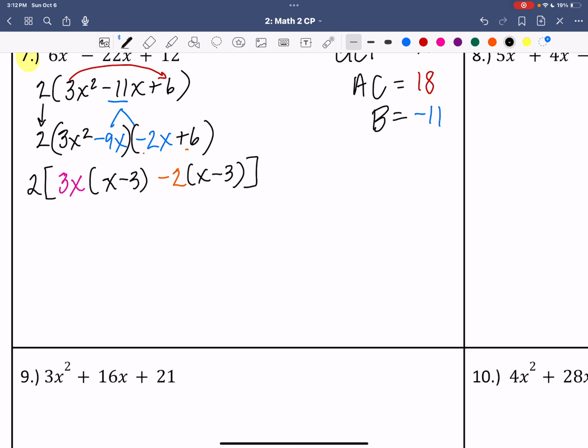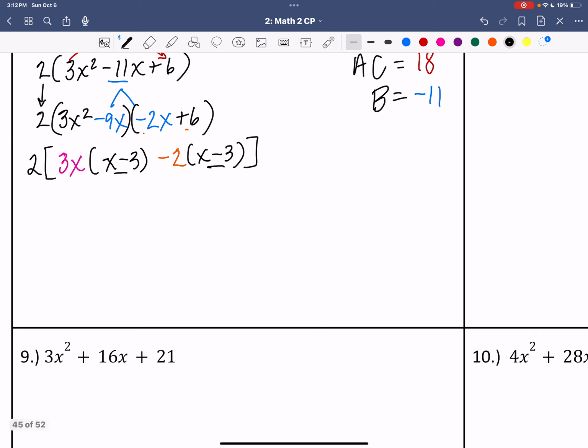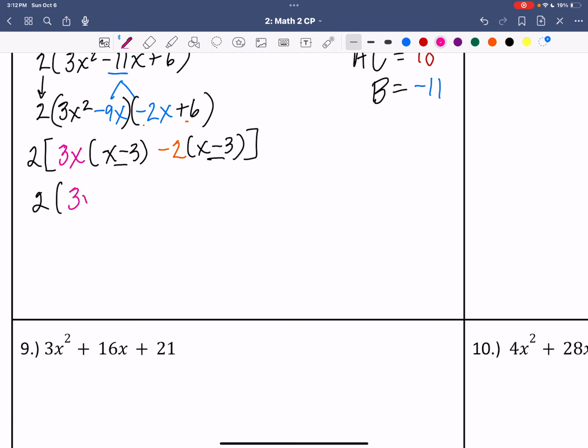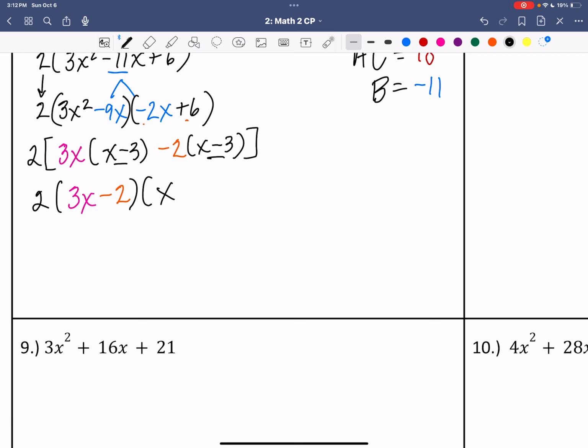Okay, so again, quick check. You should have the same thing inside your parentheses. So now I've got 2, and then our parenthesis should be 3x minus 2. And then whatever is left over, or the other two things in your parentheses, is going to go here.